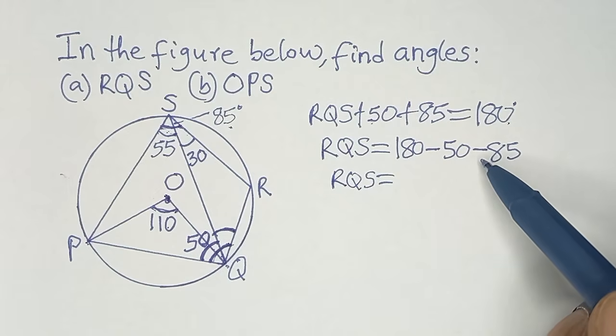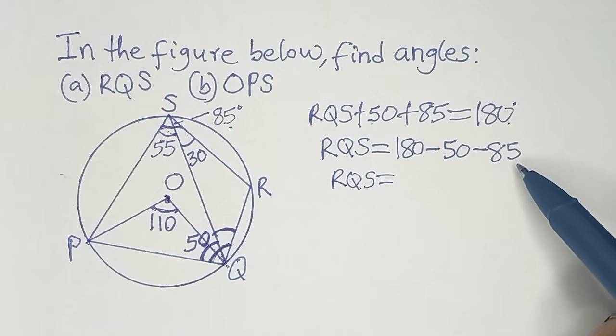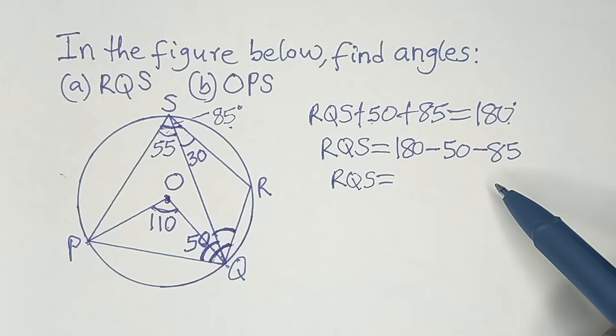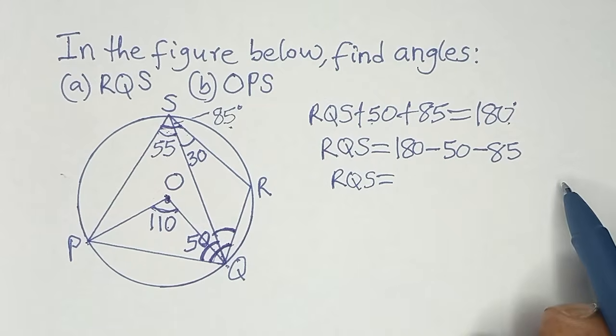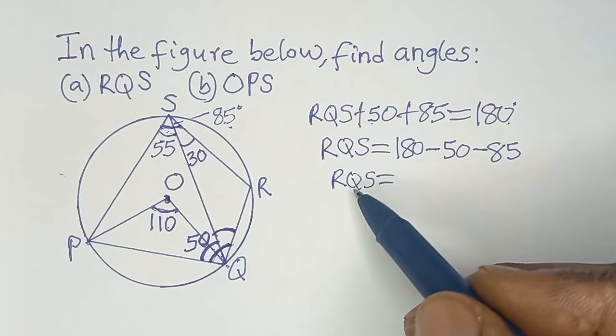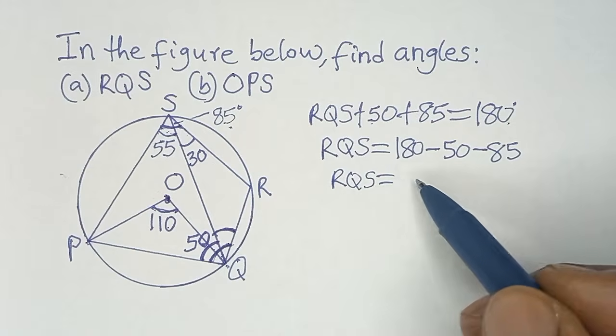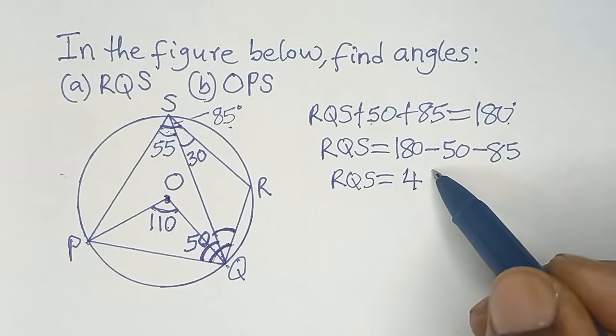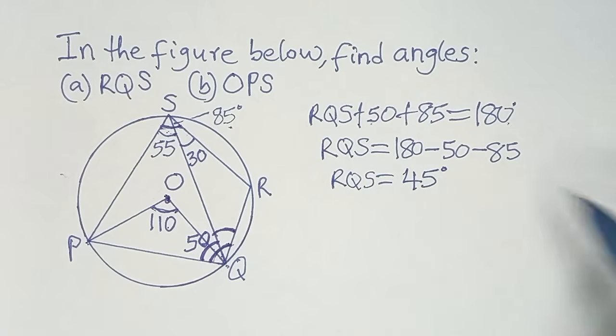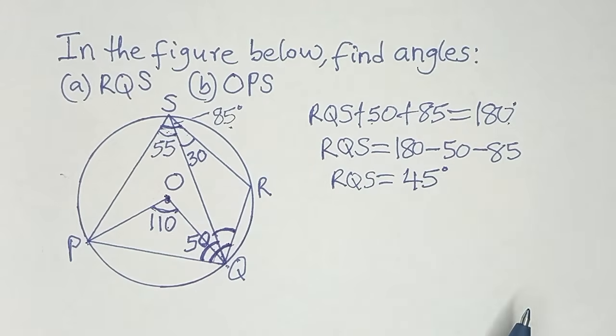And then 130 minus 85 will give us 45. Hope you are seeing that. It will give us 45 degrees. So now I have angle RQS as 45 degrees. Now the next thing I want us to look at is how to find this angle here.